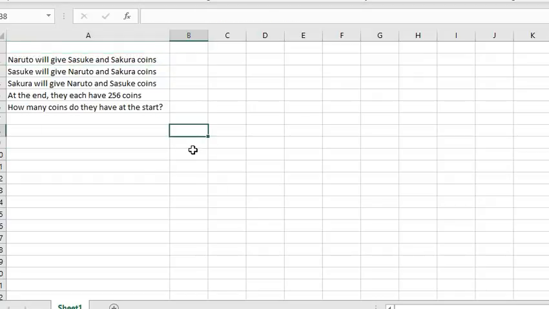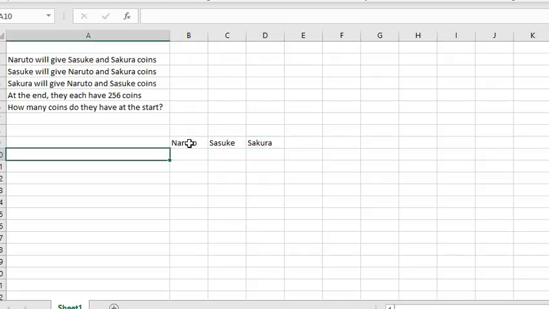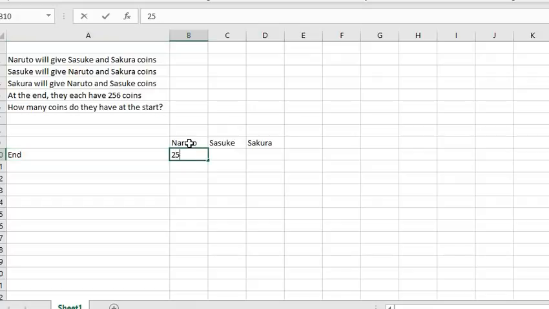So let's write down the names here: Naruto, Sasuke, and Sakura. And then let's write here on the left column the process that we will trace. So at the end, we know that they have 256 coins.